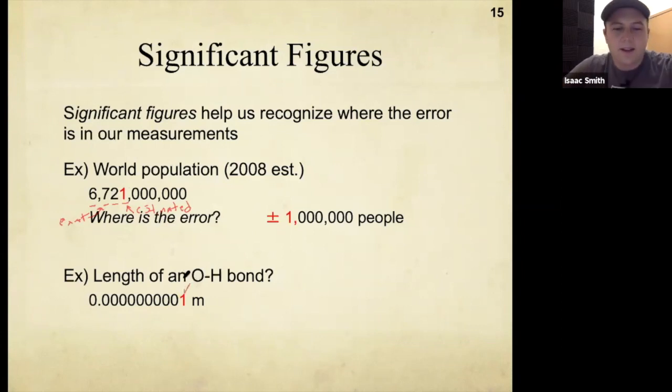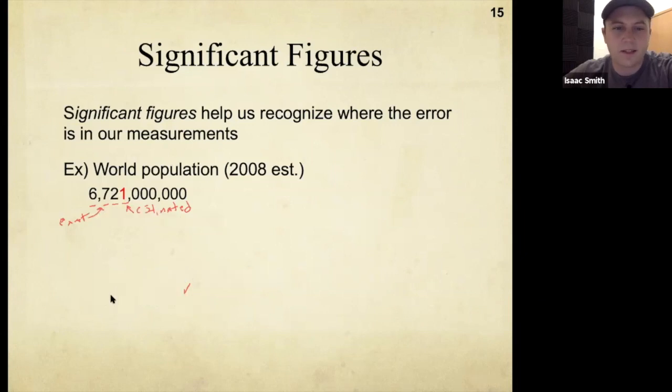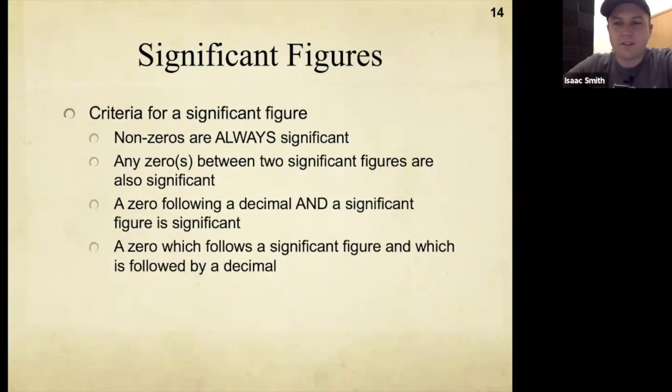Now we need to decide if any of these zeros are significant. All these zeros, we can say, are between a significant figure and a decimal point, right? If we're looking at the zeros that are between the decimal point and the 1, they don't meet any of the criteria here. This one says a 0 between 2 significant figures.